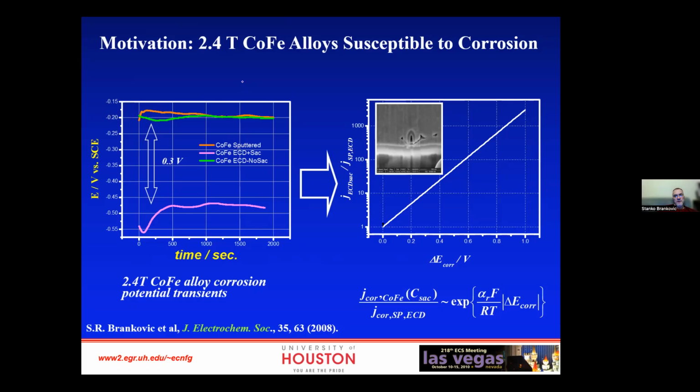Now, without making this class a corrosion class, I'm just going to give you an idea of what corrosion potential means. Corrosion potential here is measured in neutral solutions.